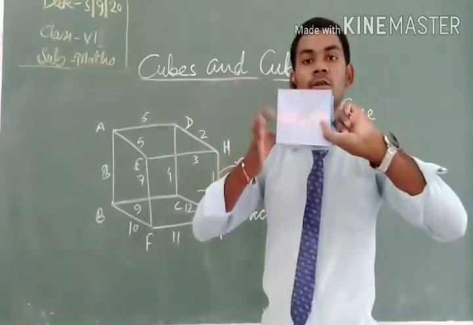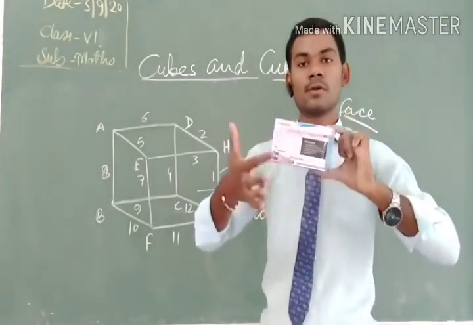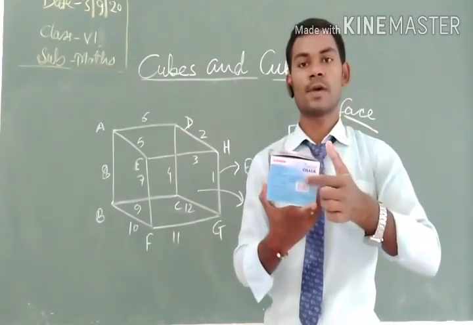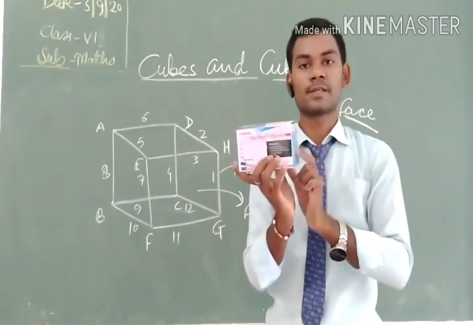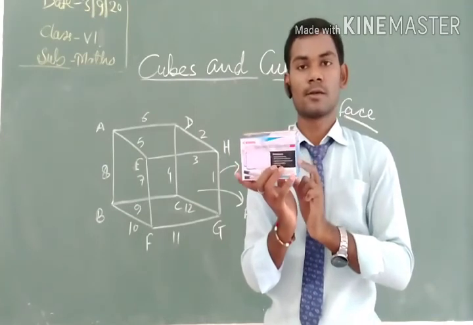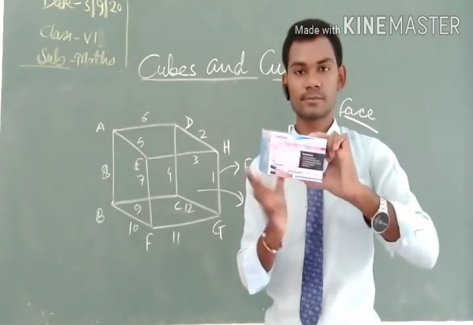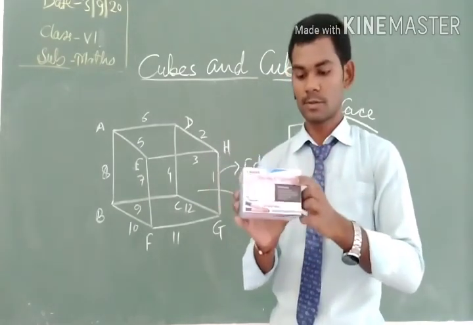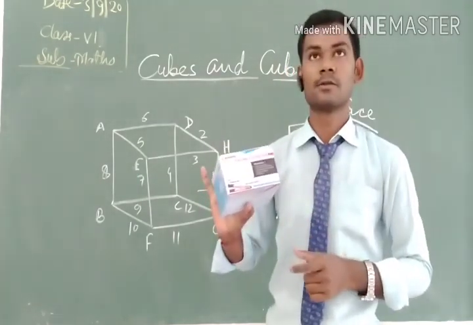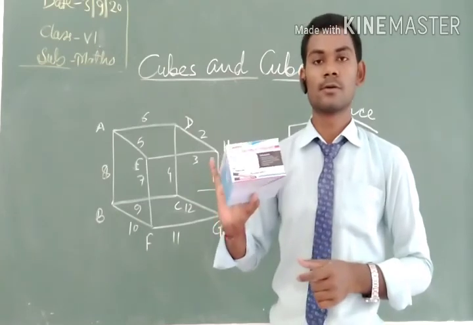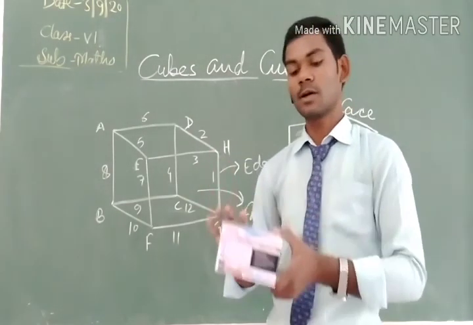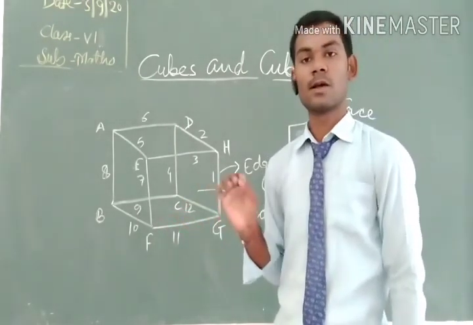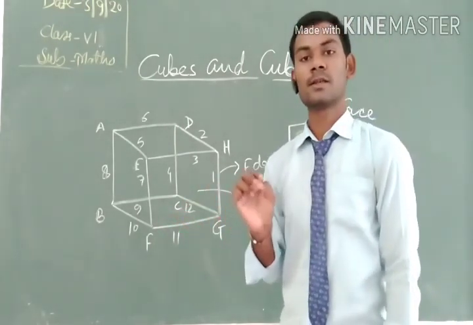Just above it, 2, 3, 4, 5, 6. Only 6 faces. So a cube has 6 faces.